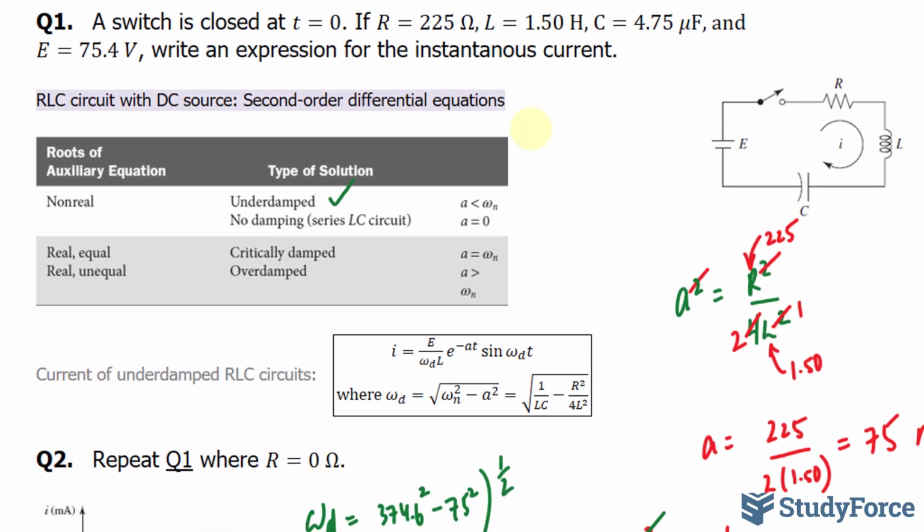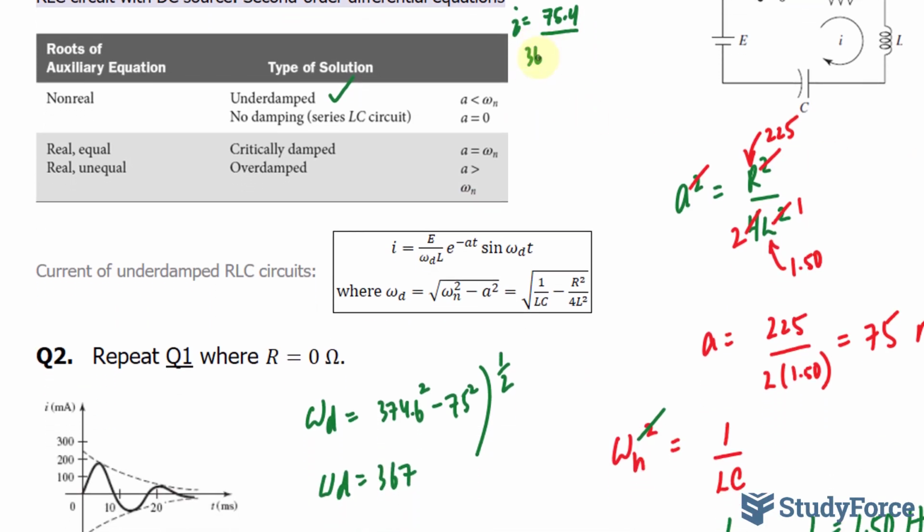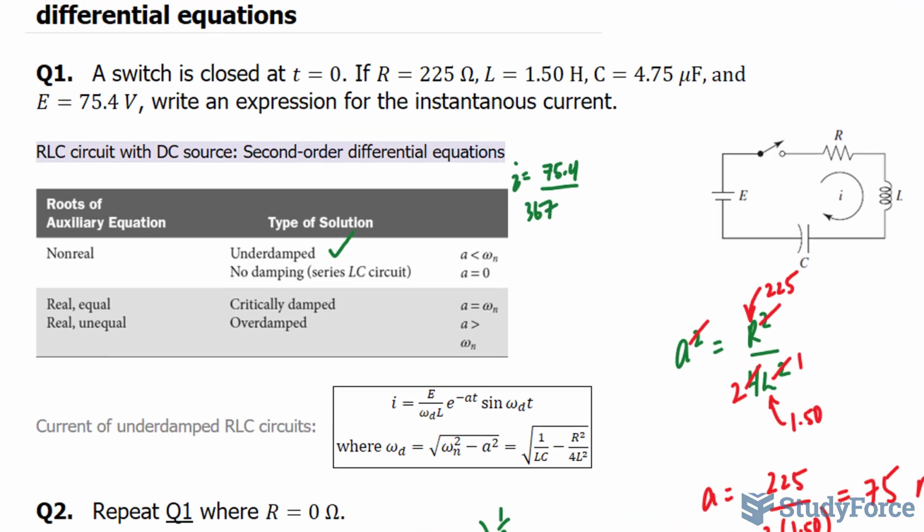Now we can substitute these numbers into our formula. Let's go ahead and do that. We have our current I, and I'll use the space available here, is equal to E over omega d times L. We have E at 75.4 over omega d, which was 367, times L, 1.50, and this factor is being multiplied to e to the power of negative a, which is 75 times t, and this is being multiplied to sine of 367 times t.